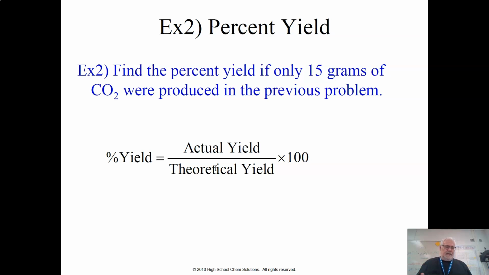percent yield. So, if 15 grams of CO2 were produced in the previous problem, what is the percent yield? So, you take the actual yield over the theoretical yield.